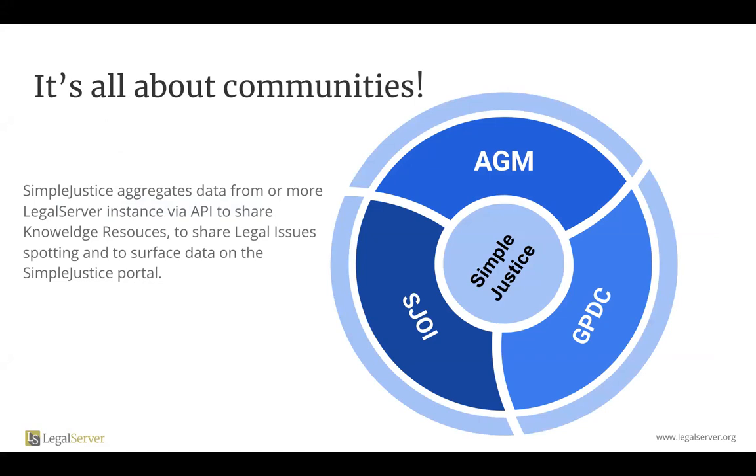For example, the project that we have with Montana has just the one legal server site, and all of the information lives on that site and is surfaced to SimpleJustice through that site. The partners in Texas is a 3-partner initiative, and there's data from each of those programs that surfaced into SimpleJustice.